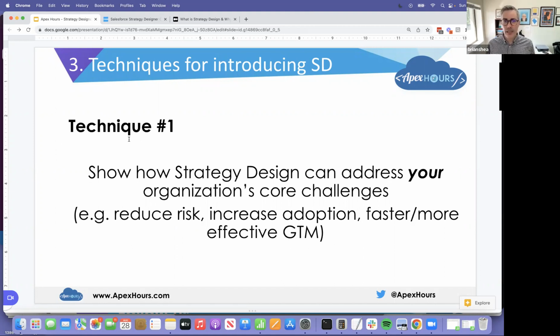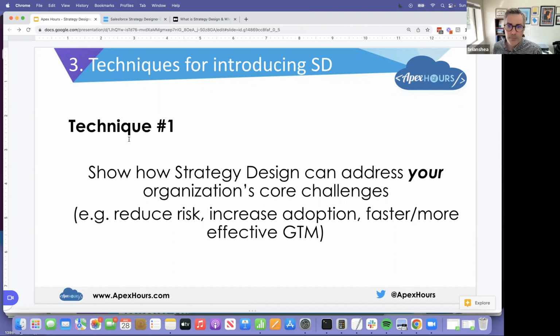So these are what I would call lightweight concepts. You can introduce these strategy design concepts, get some wins, get some people behind it, and build over time. None of these are like stop the presses, we're going to change everything today and completely transform our process. They're gradual and iterative.